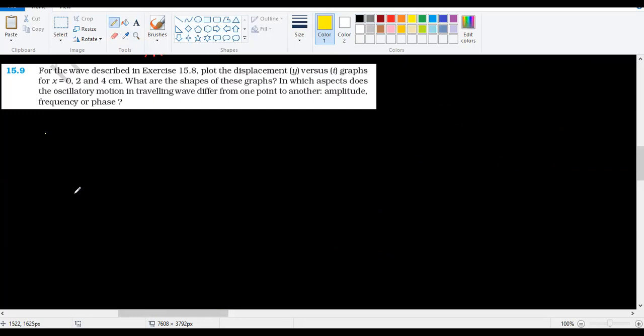For the wave described in 15.8, plot the displacement y versus t graphs. In which aspect does the oscillatory motion in a traveling wave differ from one point to another: amplitude, frequency, or phase? They differ by phase. When you have a wave, there is a phase difference between this point and this point, but after some time this particle will also reach this point.